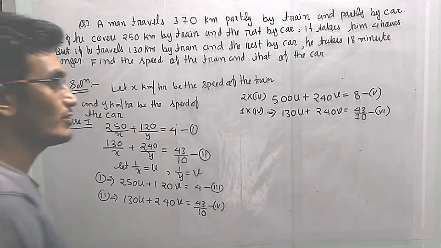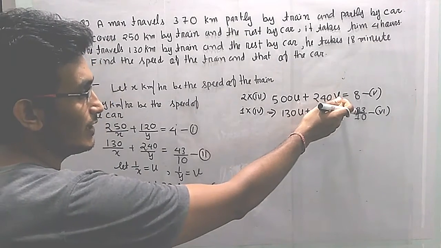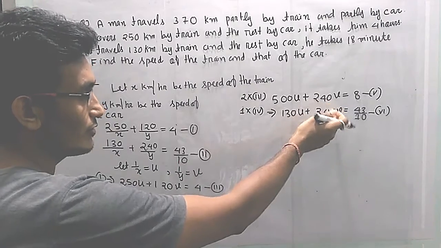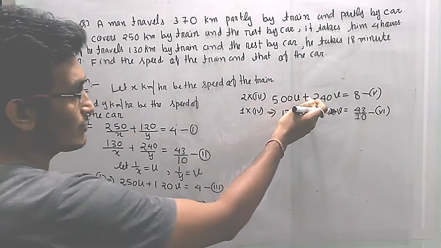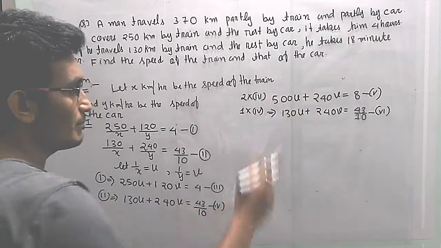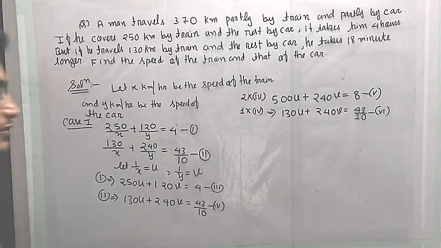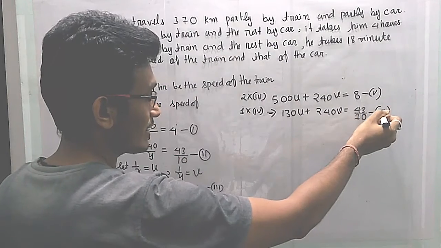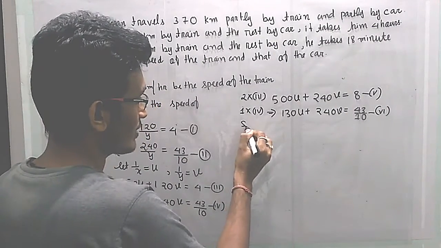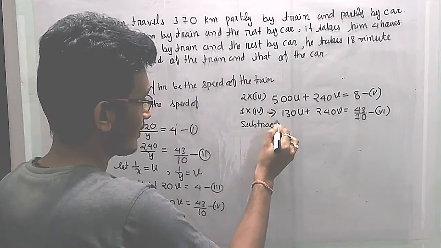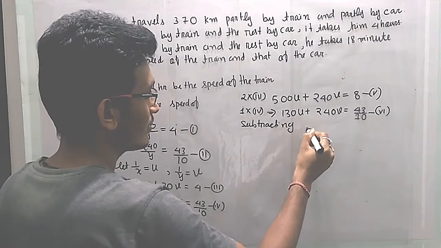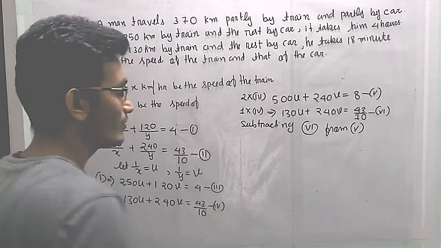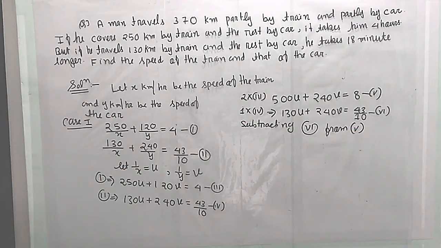Now in equation 5 and equation 6, the coefficients of v are the same. Here 240, here also 240, and the sign is also the same, plus sign. So simply subtract equation 6 from equation 5. Why do we need to subtract?